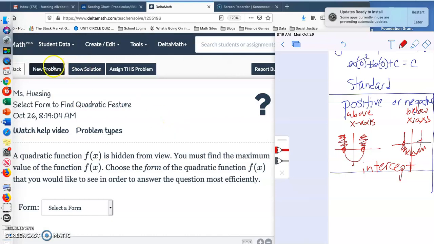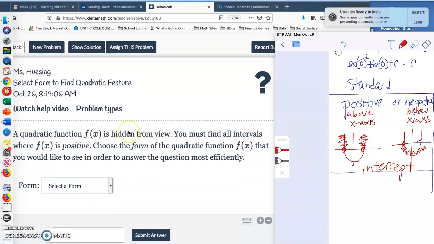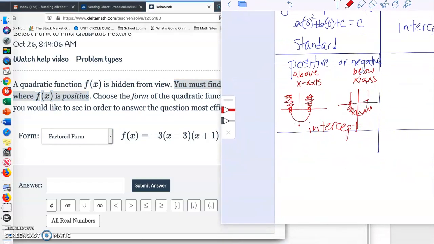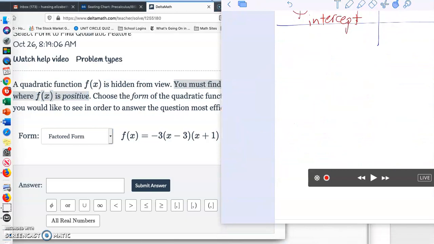Some of these might take a little bit more practice. For this one, you must find all the intervals where it's positive. So we said positive is when it's above the x-axis. So if we go into factored form, we know if we were to sketch this, and this is going to help, it's going to cross at positive 3, 0, because it's x minus 3, and negative 1, 0.